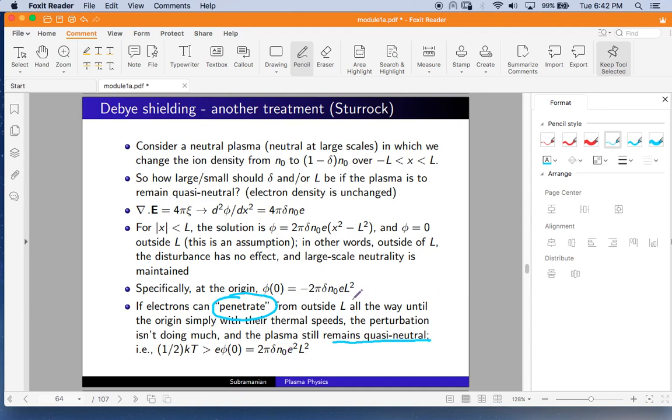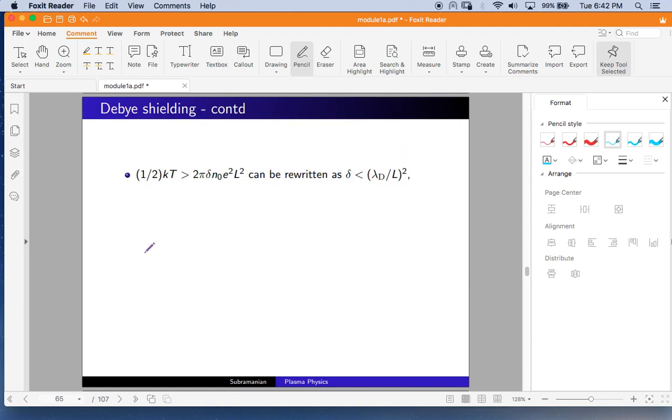Now you can turn this around into a condition for delta. So this condition can also be rewritten as delta less than, I'm clubbing together some quantities and calling it lambda D over L squared, where of course lambda D squared, again as before, is defined by this quantity.